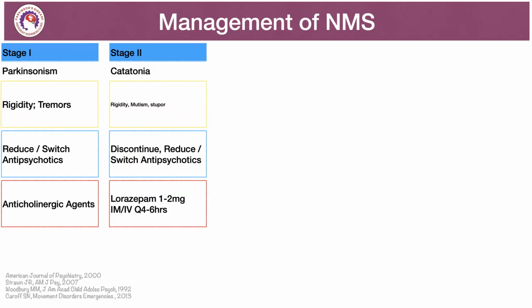As symptoms progress further, people go into stage 2, the catatonic phase, where rigidity, mutism, and stupor can be noticed. Here, it becomes important to discontinue, reduce, or switch antipsychotics, and benzodiazepines, preferably lorazepam, can be given round the clock.